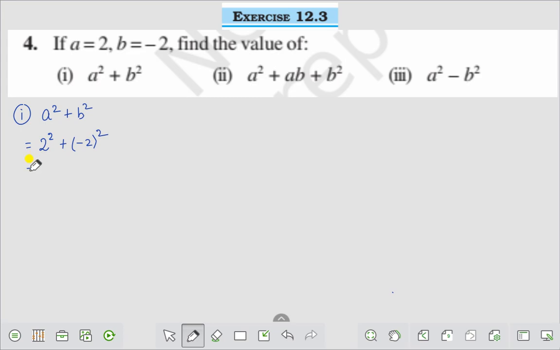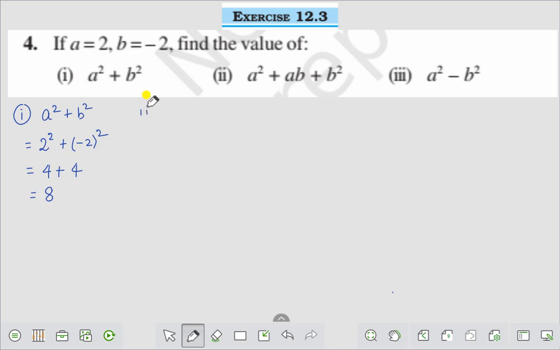Then we are getting 2 to the 4 plus, minus 2 into minus 2 is plus 4, because minus into minus is plus. So 4 plus 4 is equal to 8. This is the answer.